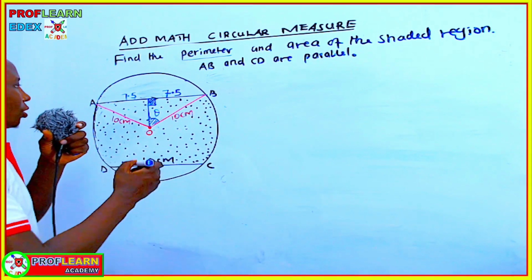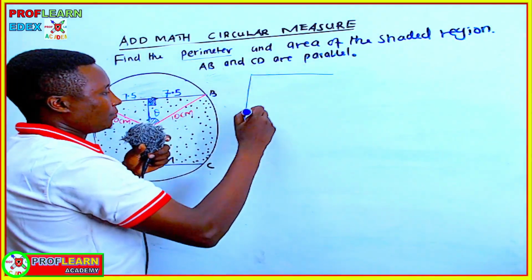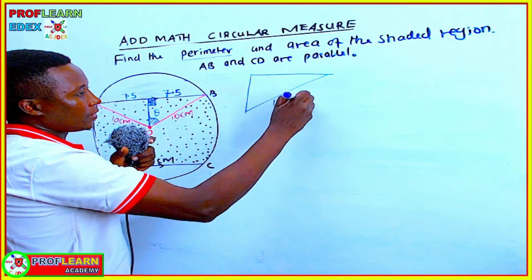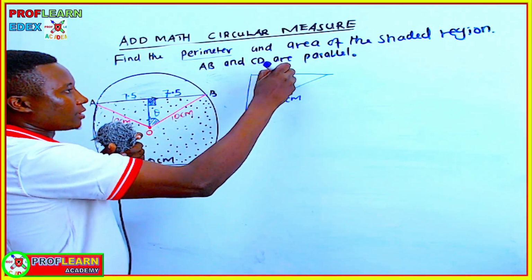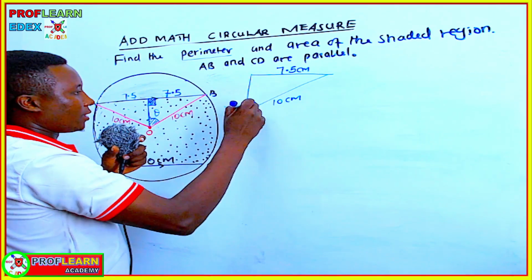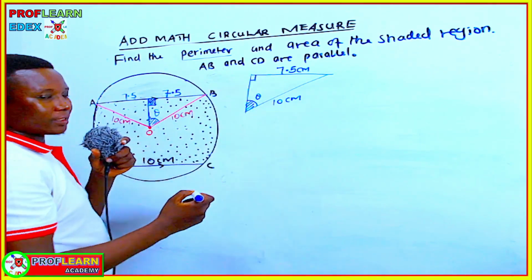All right, so we're going to extract this right angle triangle here. This is 10 centimeters. This is 7.5 centimeters. Then we are finding this angle at this point, which is theta. Of course, this is 90 degrees.